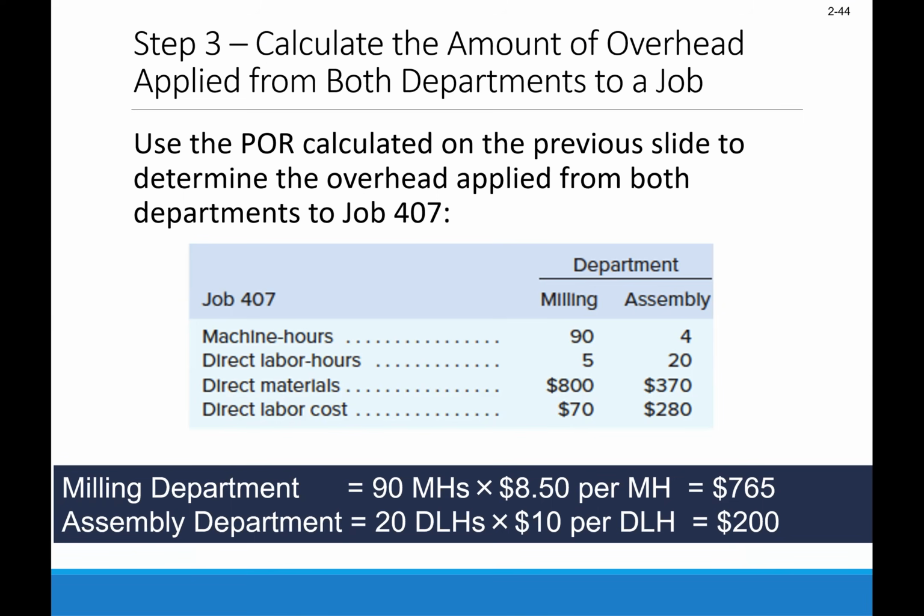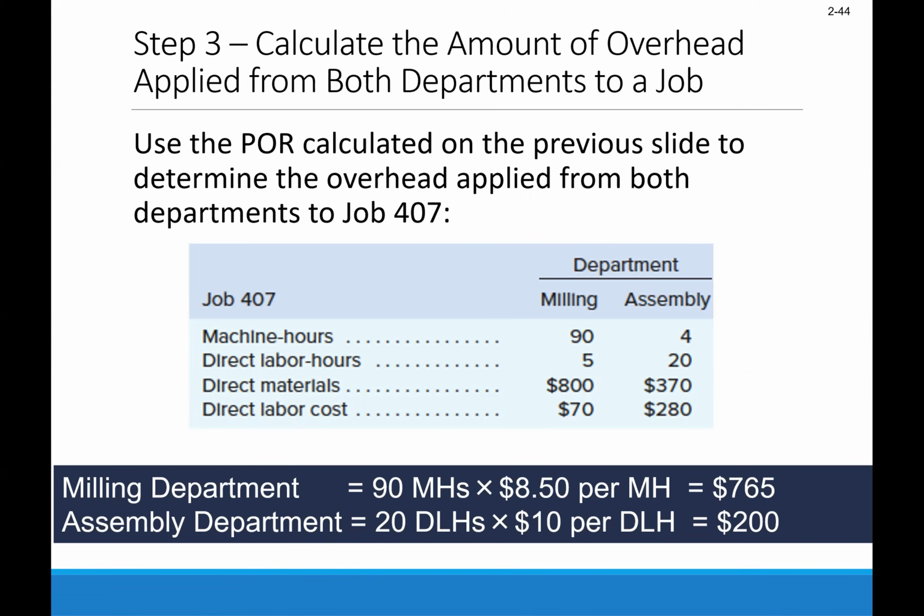So we see here in milling, we're going to go by machine hours. If the actual machine hours were 90 machine hours at our predetermined overhead rate of 850, we're going to apply $765 there.